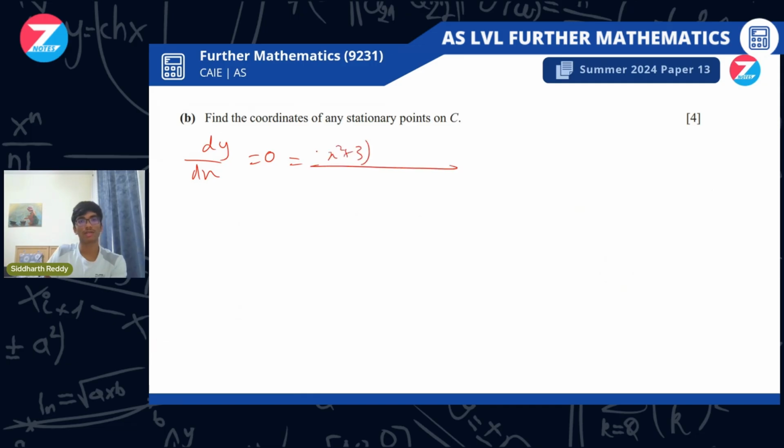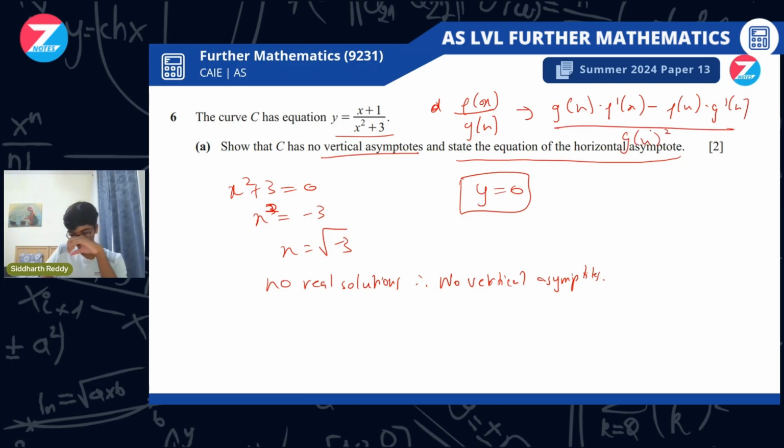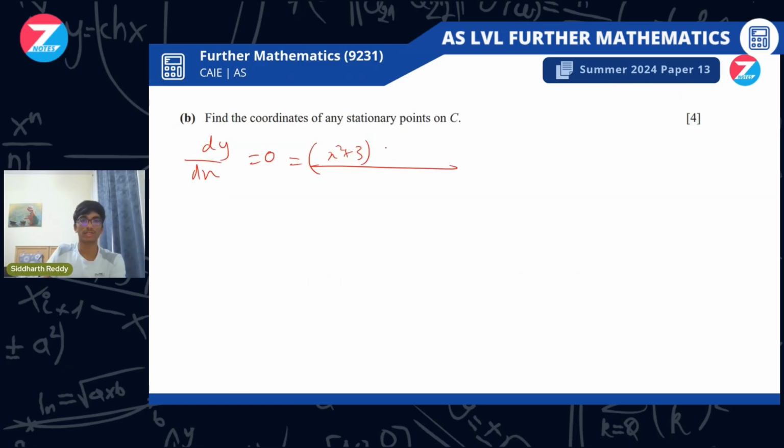I'll tell you the formula now: if you have a function like f of x divided by g of x, the derivative will be g of x times f prime of x minus f of x times g prime of x, divided by g of x whole squared. So x squared plus 3 times the derivative of the numerator, which is just 1, minus (x plus 1) times the derivative of x squared plus 3, which is 2x, divided by (x squared plus 3) whole squared.